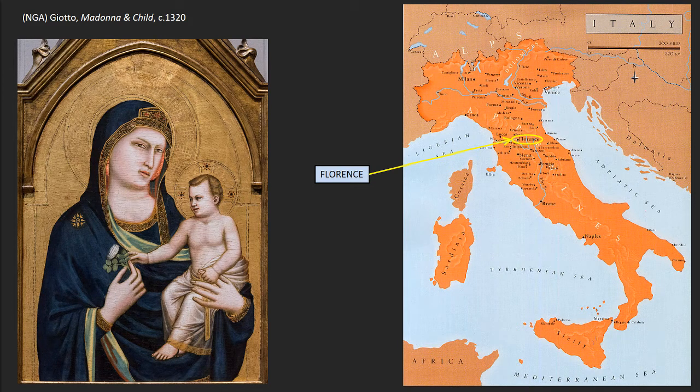And this is also an incredibly important element of his stylistic development. Because Florence was one of 2 cities in Italy at this time where almost modern capitalism begins to be practiced.